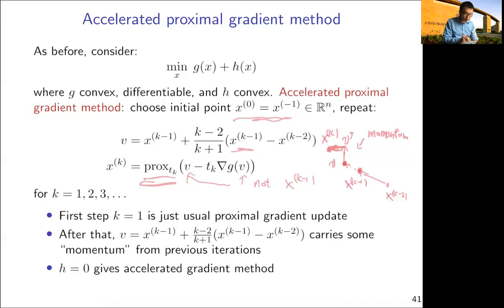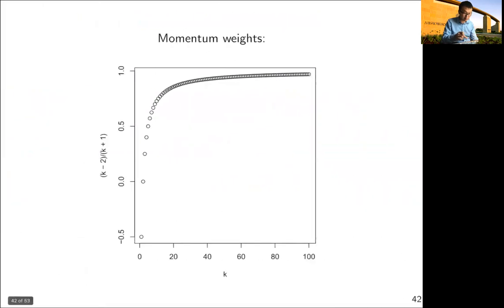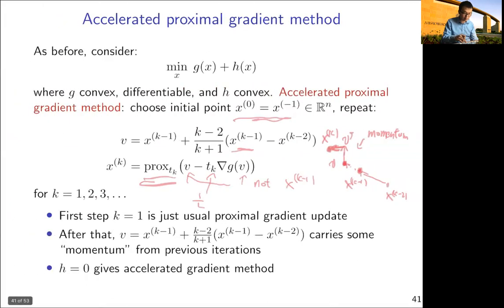And you also need this learning rate tk to be chosen as 1 over L in order for this algorithm to work. There's also a linear convergence version of the accelerated proximal method. Let me see whether this is okay. Maybe there's a slide about it, so I'll wait until then.